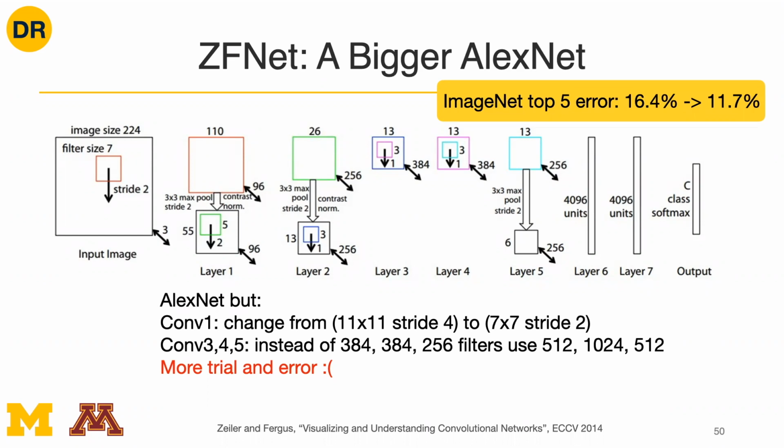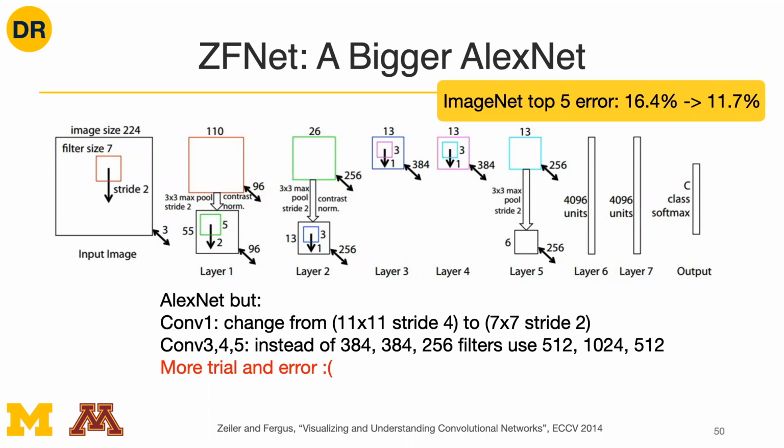Similarly, in the later layers, like 3, 4, and 5, they have a large number of filters. So essentially, this is a bigger network than AlexNet. What we understand at this point is that if you have a bigger network, it has better accuracy.